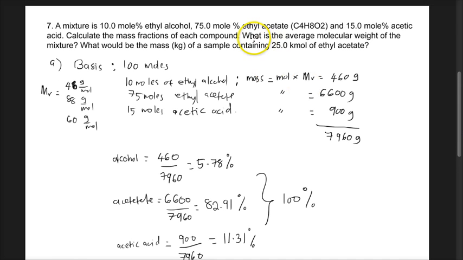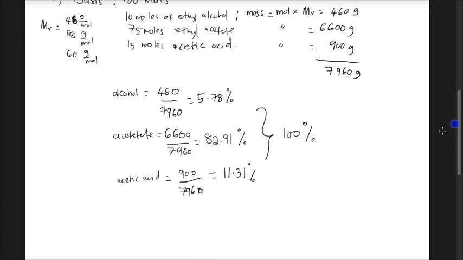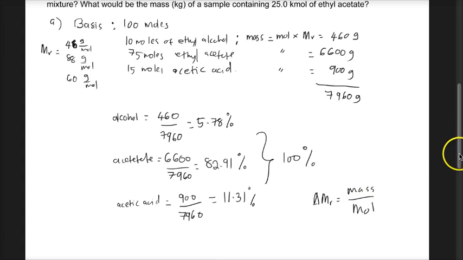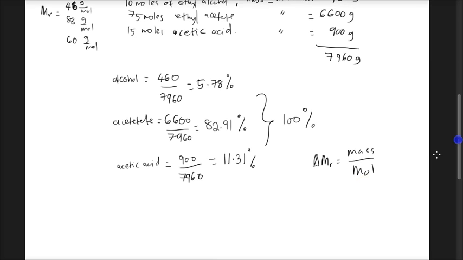And then for the second part is what's the average molecular weight of the mixture. Average molecular weight is the total mass divided by the total mole of the mixture. We use the basis of 100 moles, and the total mass is 7,960.